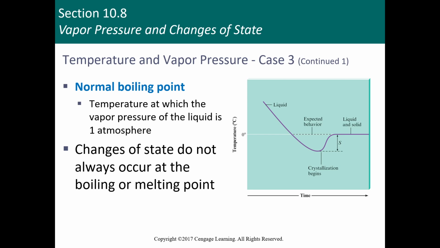So the change of states does not always occur at the boiling or melting points. Many times you're actually going to move too fast in your temperature, and you will actually get this right here, which is a dip in the temperature. You'll get a sort of little bulge. And what that is, is that energy can move much faster than you can form these structures, because those require the atoms or molecules to literally rearrange, right?